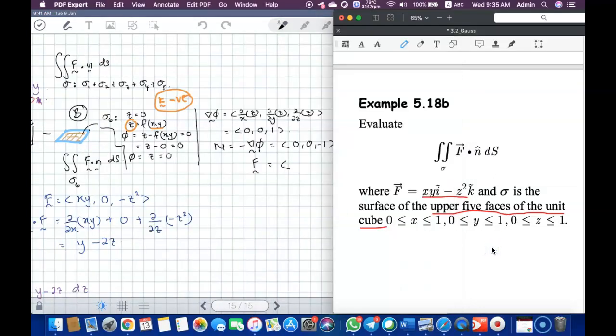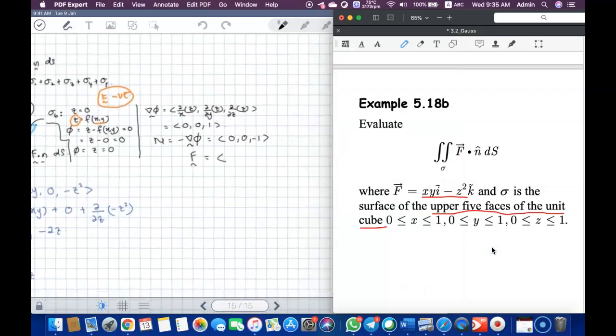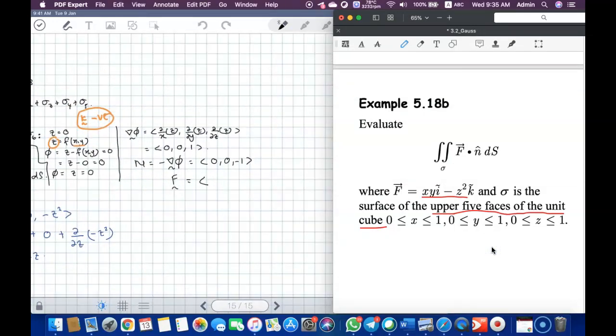Okay, so then we can use the surface integral of f dot n dA over the region on the xy plane. So now you have to find f dot n. Just now our f is x, y, 0, negative z square.